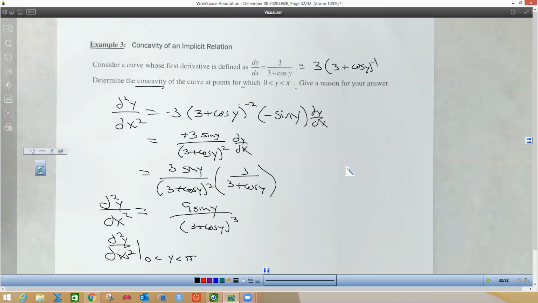So I'm going to pull out my unit circle. And this is 0. Here's pi. So we are talking about not including, maybe I should have put an open circle here. I'm going to stick an open circle here because, not including 0 and not including pi, we're talking about what the y values are from here to here.